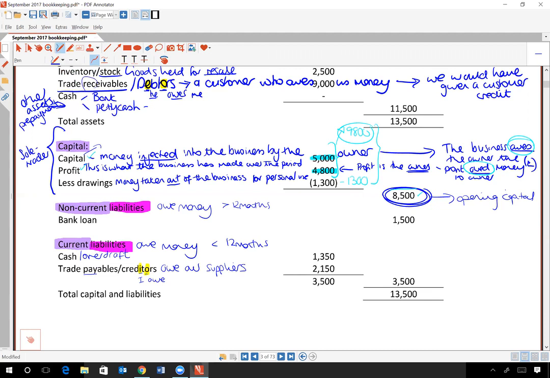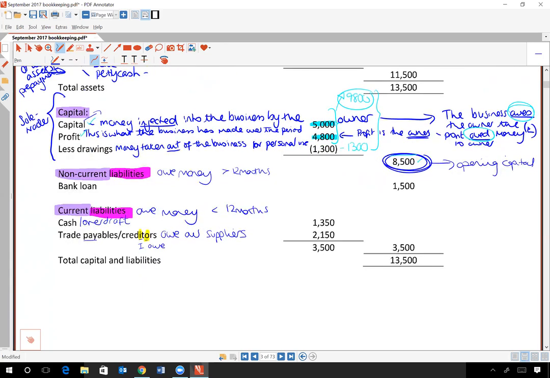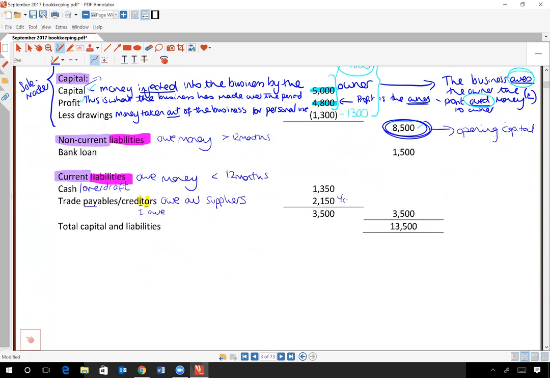Receivables, you are receiving the money in at some point in the future. That's how I remembered it. So this is where you have purchased goods on credit. So you've got to pay, haven't you, at some point?